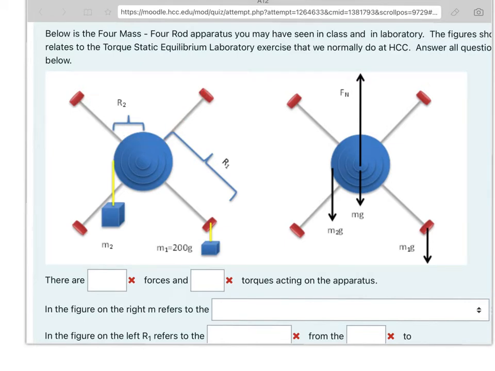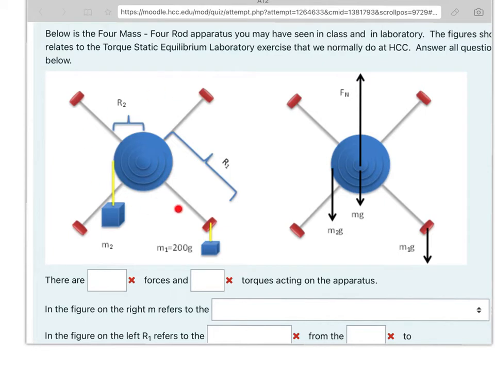This all comes apart, and then you have these little cylindrical masses that have a hole in them that can be placed anywhere on the rod, and here they're placed so that the end of the mass is flush with the end of the rod, and it's arranged this way.